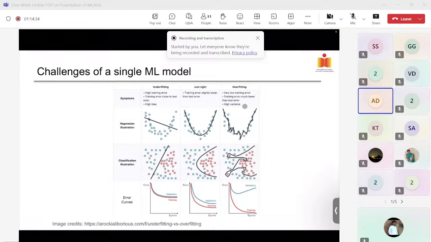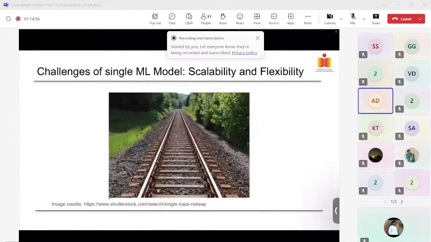So please remember which scenario is high bias and which is high variance. Do you want me to explain how those are related to overfitting and underfitting, or is that clear? If anyone wants me to, you can just unmute and ask me. Okay, great. If that is clear, let's move on.